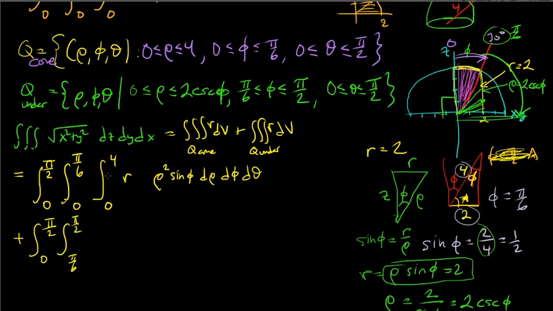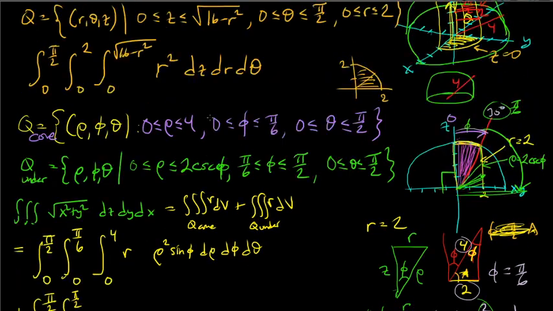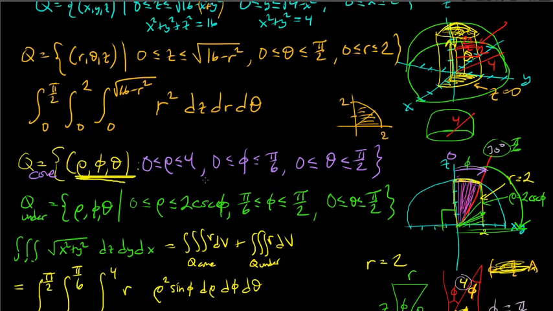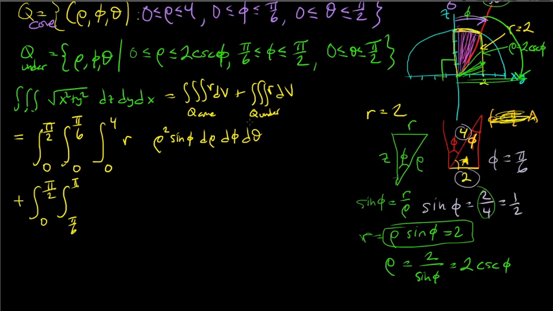Oh, before we do that, hang on a second. The r is not spherical. R is cylindrical, right? There is no r here. So what do we need to do? We need to rewrite r in terms of spherical coordinates. Sorry, I'm trying to erase the r here.